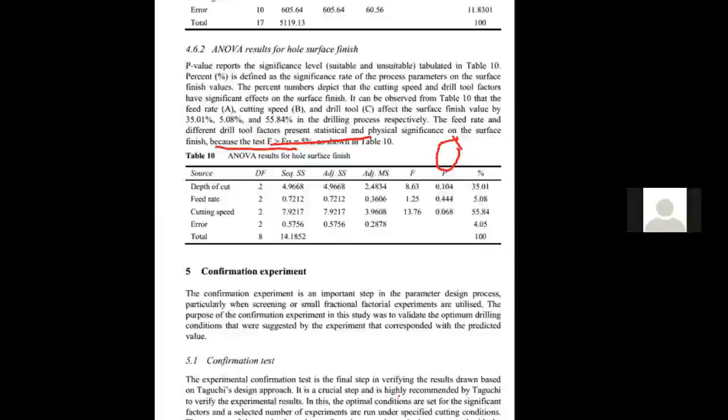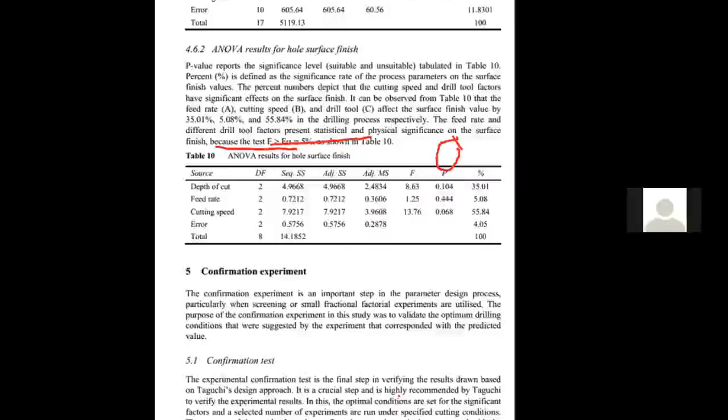Now, if I am performing a machining process where I have control over the input parameters, where the selection of cutting speed, feed, depth of cut and tool is in my hands, then the confidence level rises up to 95%. And if you are performing an experiment in a very controlled environment, in a particular workshop, cutting tool, feed rate and depth of cut will be in my hands.